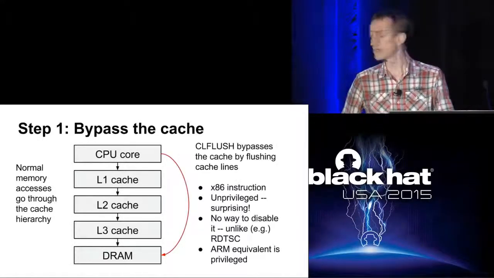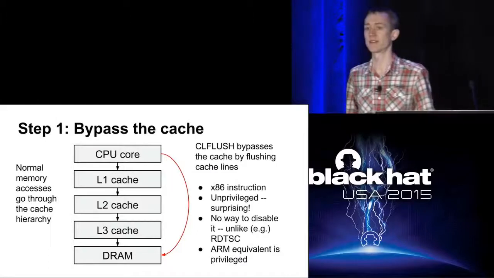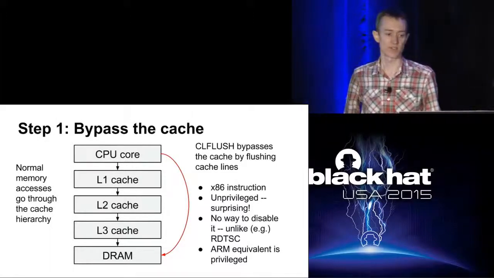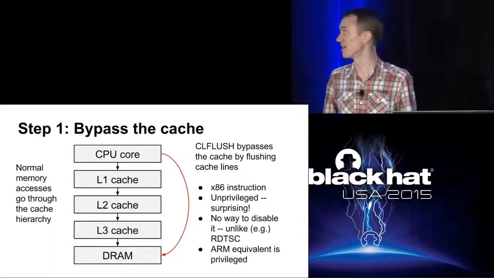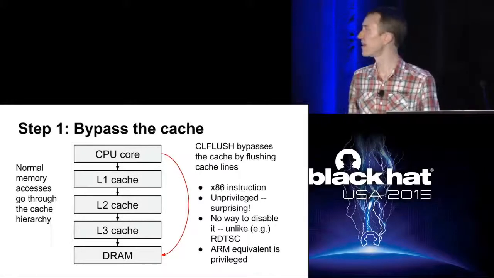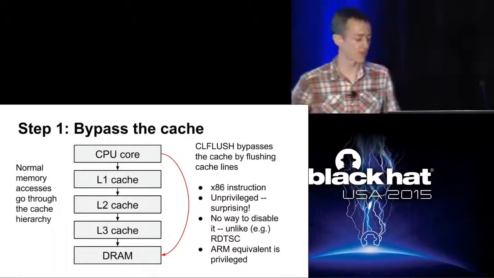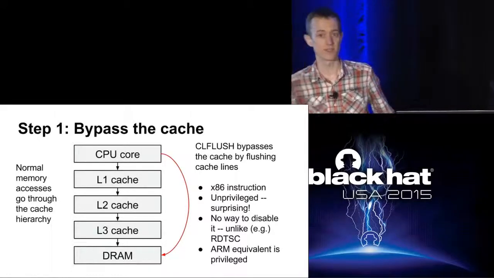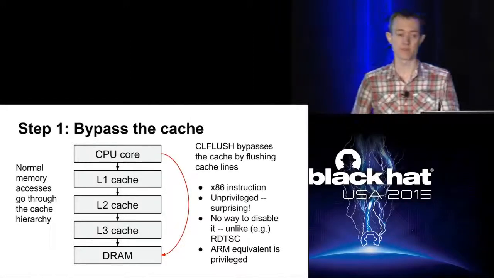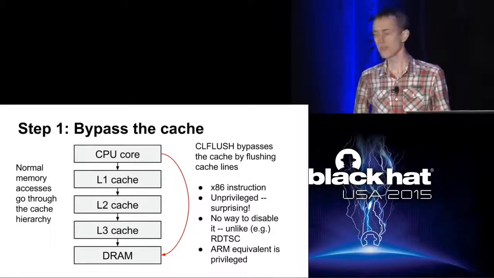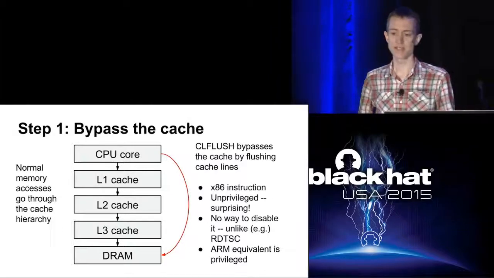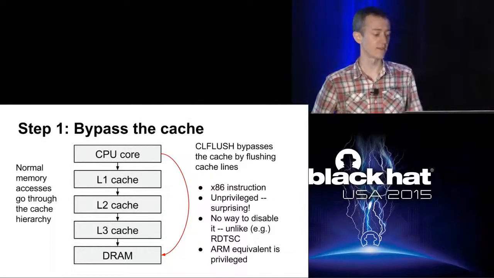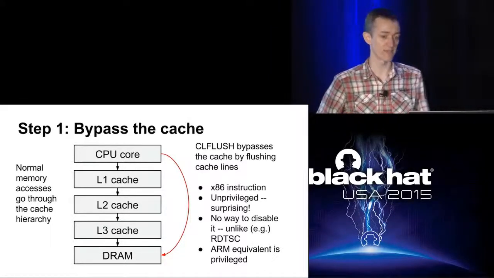On an x86 machine, the simplest way to do that is to use the CLFLUSH instruction, which flushes a cache line. Interestingly, CLFLUSH is an unprivileged instruction, so any process can use it. And it actually can't be disabled, which is slightly surprising because on other architectures like ARM, the equivalent cache flush instruction is actually privileged.